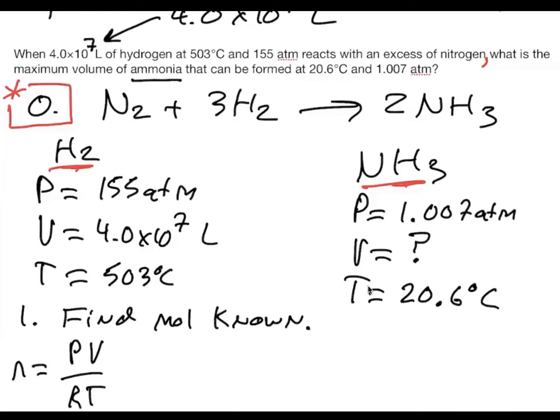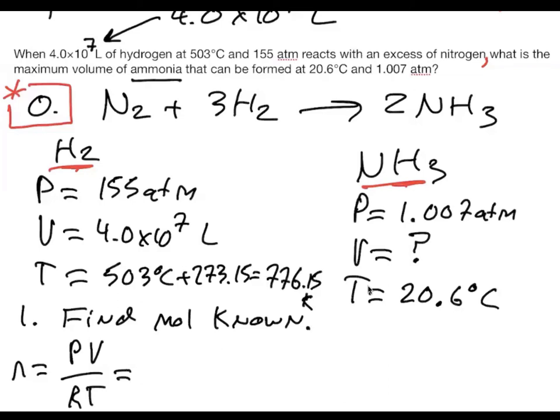The pressure and the volume are okay, but what do I have to do? The temperature. I better change it to Kelvin. So I'm going to add 273.15, and that's pretty hot. That's 776.15 Kelvin.